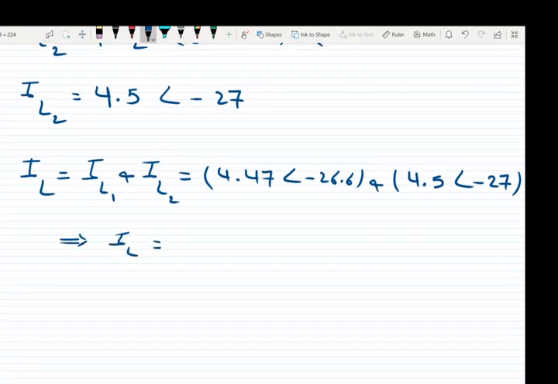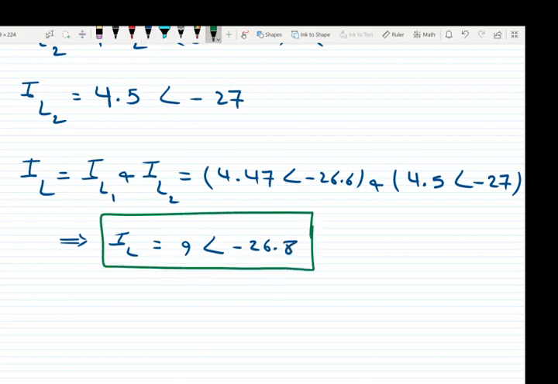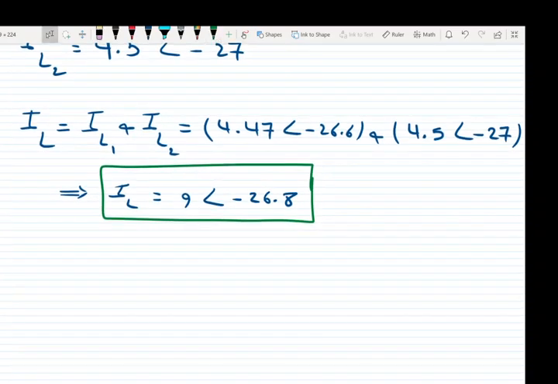IL is equal to 9 with the angle of negative 26.8.